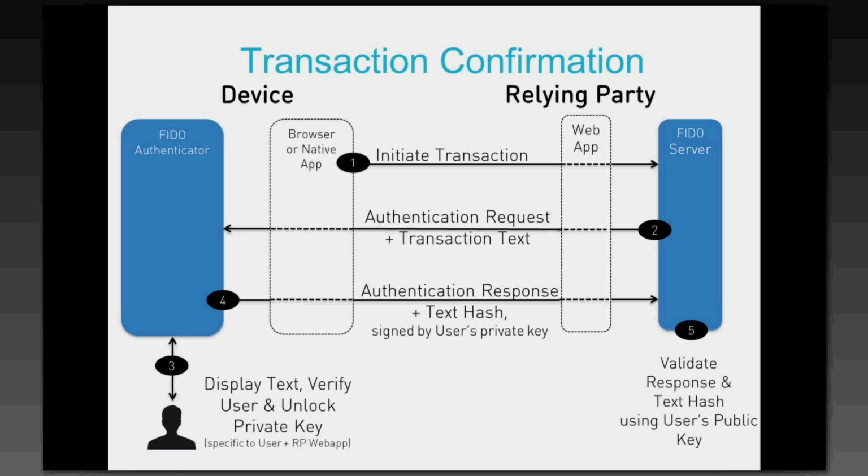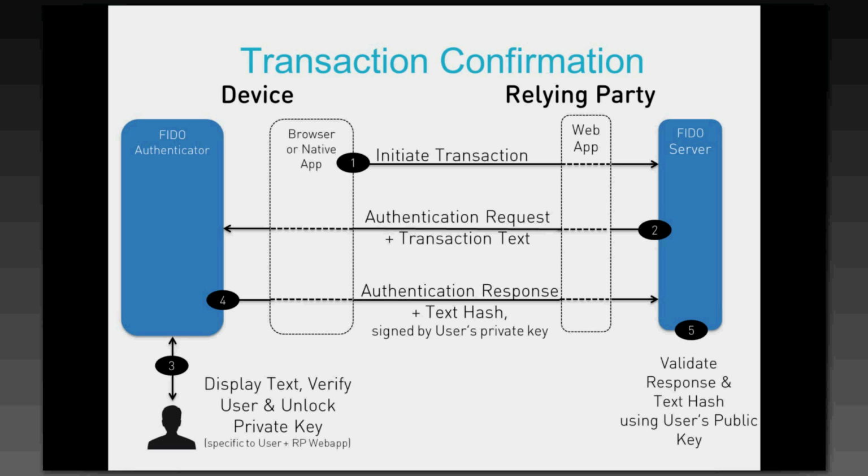In the case of a banking transaction, it might be, I want to transfer $10,000 to bank account 12345. This unique transaction text will then be displayed to the user first, and digitally signed. The user can verify it and either agree or reject the transaction. And after the user has agreed to that transaction, he will verify himself to the authenticator, like swiping your finger, which will unlock the private key.